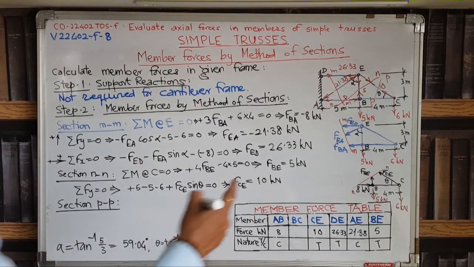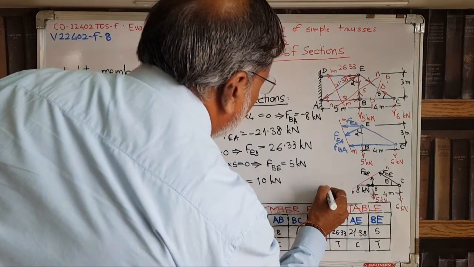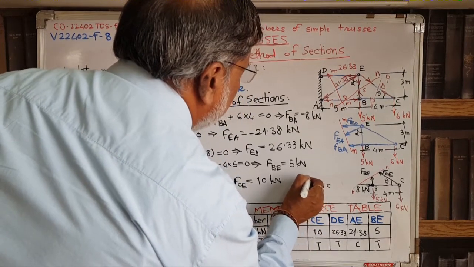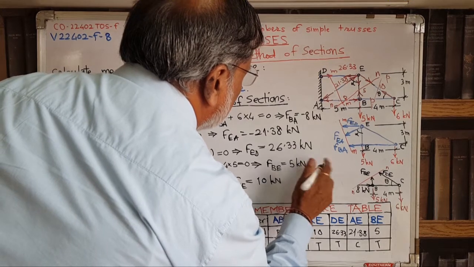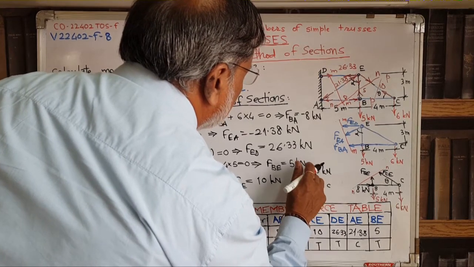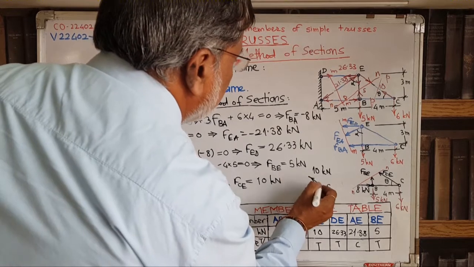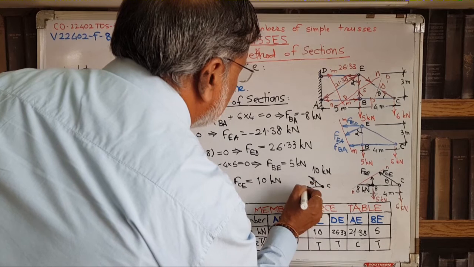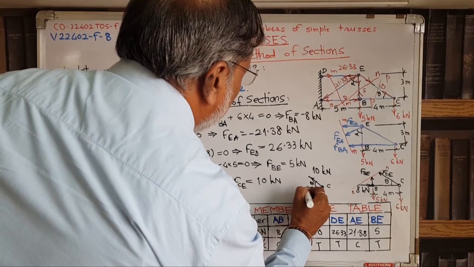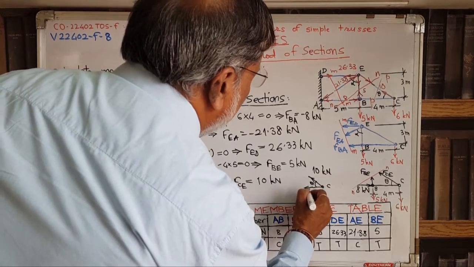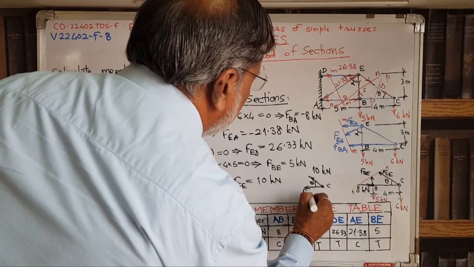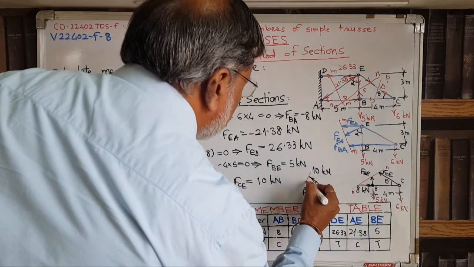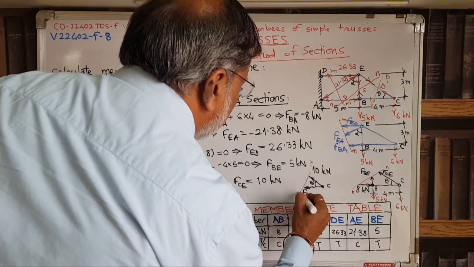If we draw the free body diagram of the frame with that, it will be like this. This is 10, a known force, and this is an unknown force. So we will assume its direction as away from the joint, and this is FCB, and the cutting plane is like this, PP.